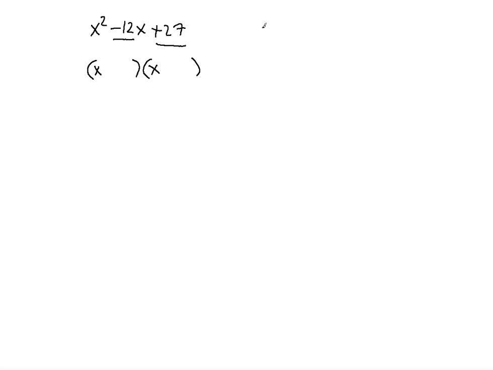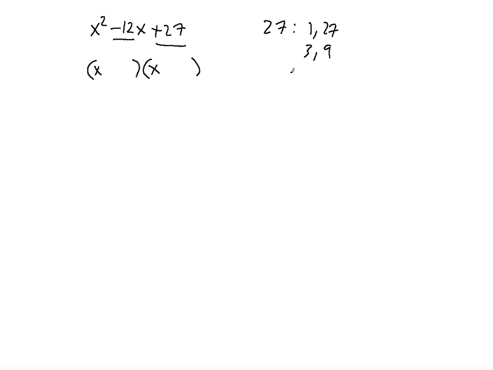So the factors of 27, when multiplied, will give you 27. Okay, so let's think of factors. We have 1, 27, 3, 9, and I believe that's it. Okay, so 1 and 27 and 3 and 9.